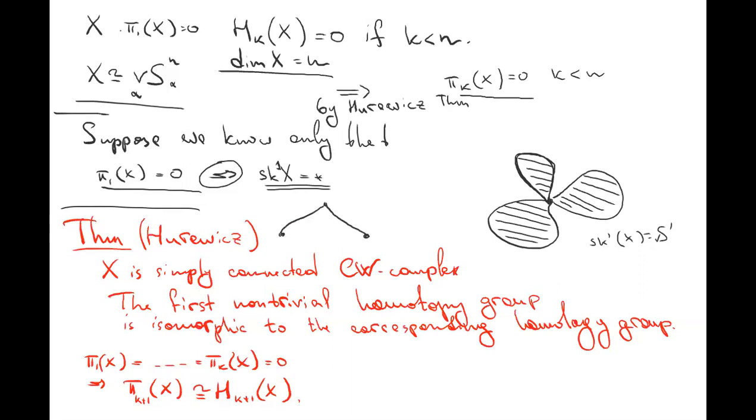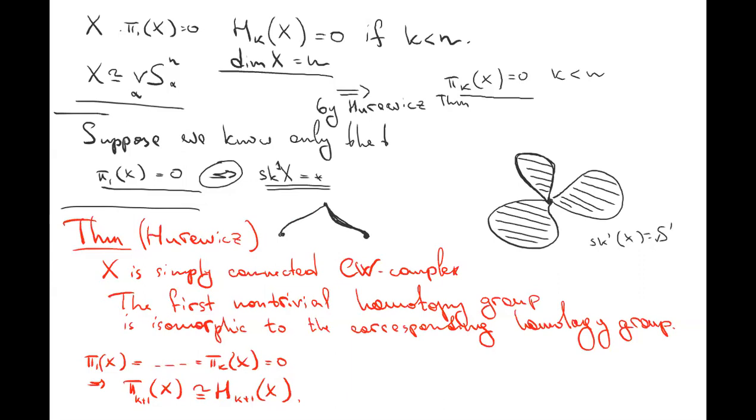If X is path connected, which is our case, then its 1-skeleton has a path from each point to another, and you can take its maximal tree.